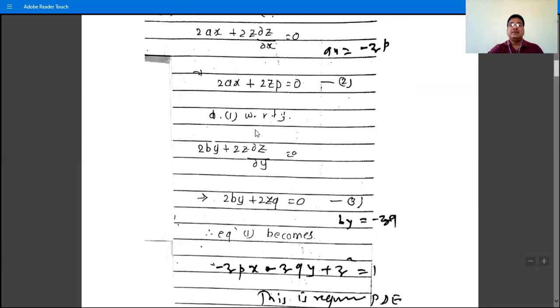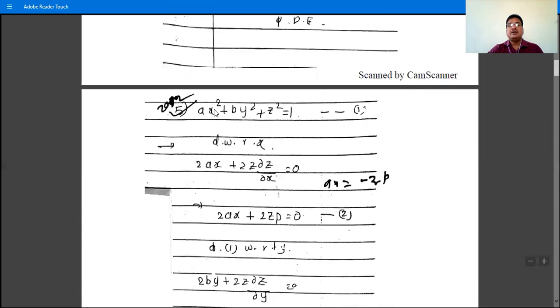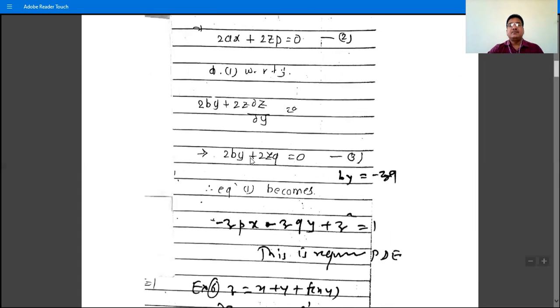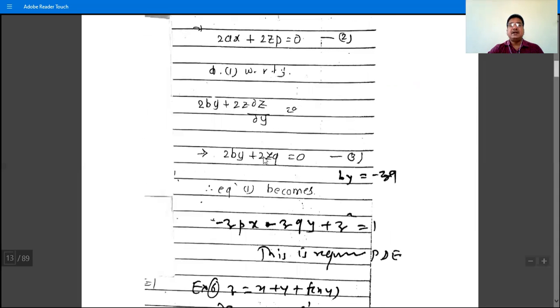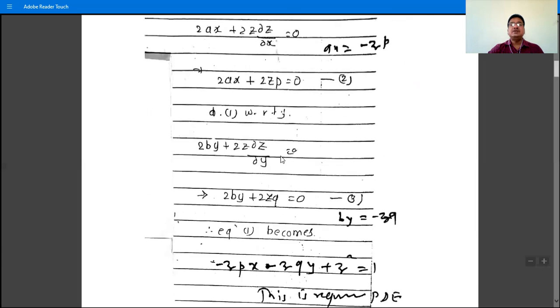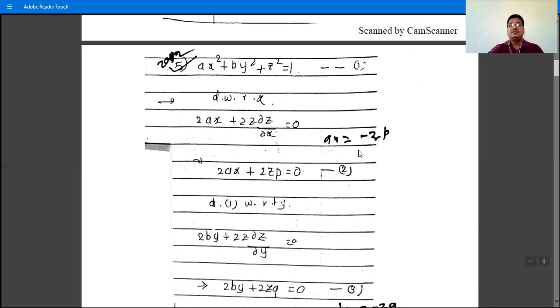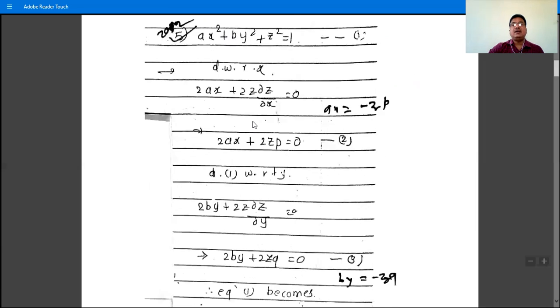And then differentiate 1 with respect to y. Then we have the derivative of ax square as 0, 2by plus 2z ∂z/∂y is equal to the derivative of 1, which is 0. ∂z/∂y is q, dividing throughout by 2, and then we have by is equal to minus zq. And substitute these values of ax and by in equation number 1 in order to eliminate a and b.